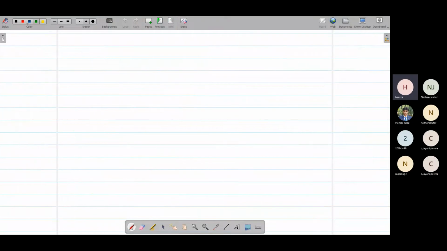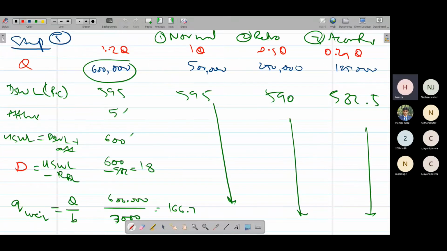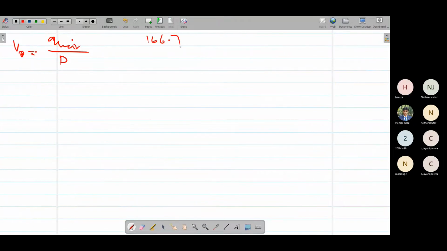After this q, we can calculate the V naught or the approach velocity, that would be q divided by the upstream depth D. Our q was 166.7 divided by the upstream depth, that is 18 feet.